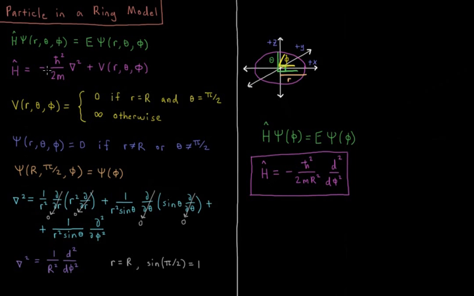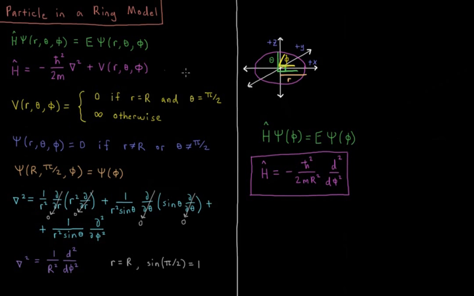And our kinetic energy, as always, for a single particle in 3 dimensions, will be minus h bar squared, where h bar is Planck's constant over 2 pi, divided by 2 times the mass of the particle, times the del squared operator, which we discuss in more detail below, but is the same del squared operator as always.